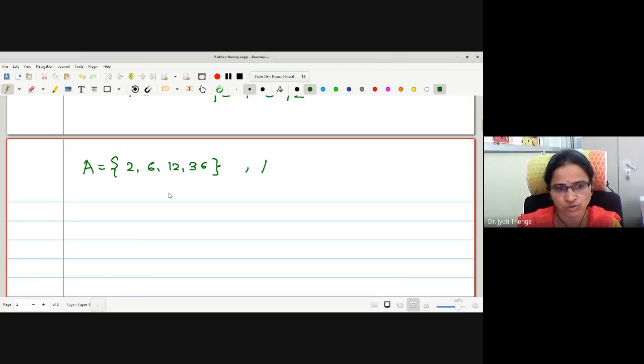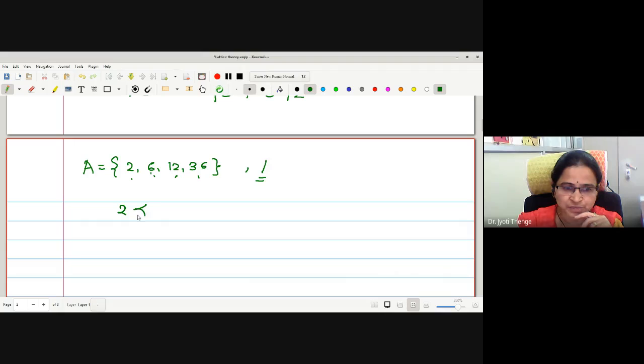This is a partially ordered set, but for totally ordered, every two elements must be comparable under divisibility. Here we know that 2 divides 6, 6 divides 12, 12 divides 36.